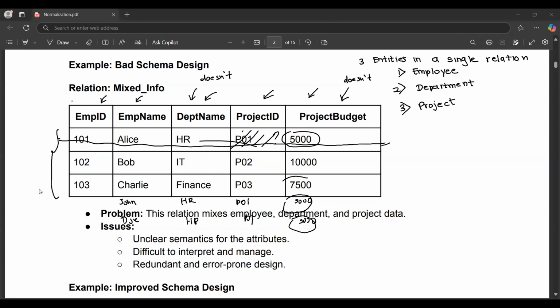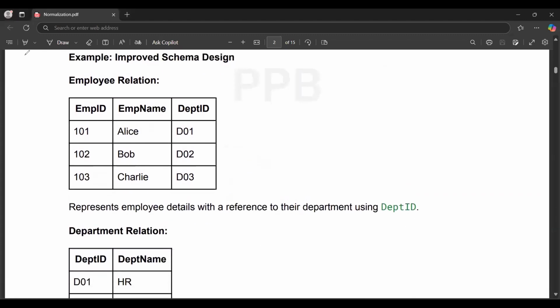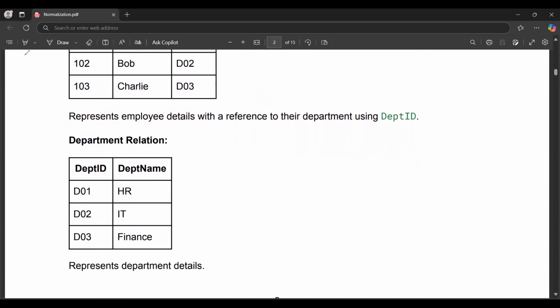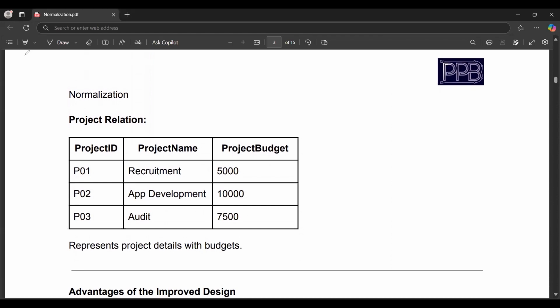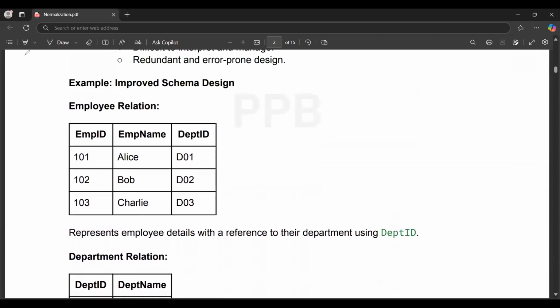So what we can do is break this down into specific relations. In the employee relation there are details about only employees: the employee name and which department they work on. In the department relation, the department ID and the department name. Then we have project ID, project name, and project budget. Now these three follow the first guideline.